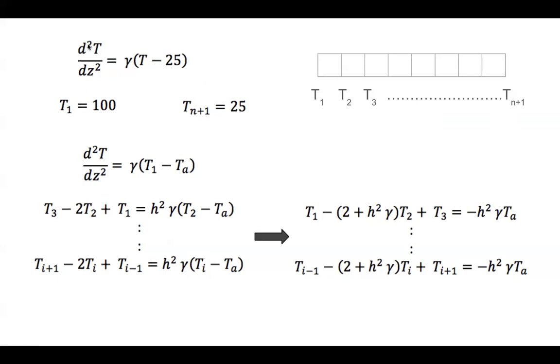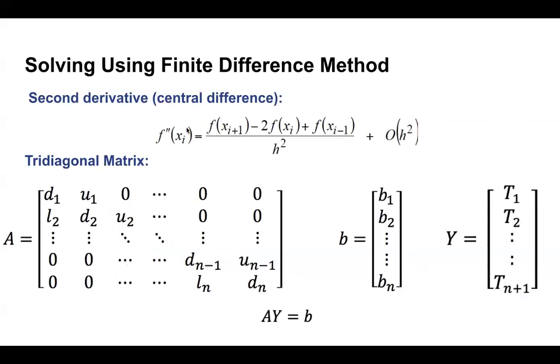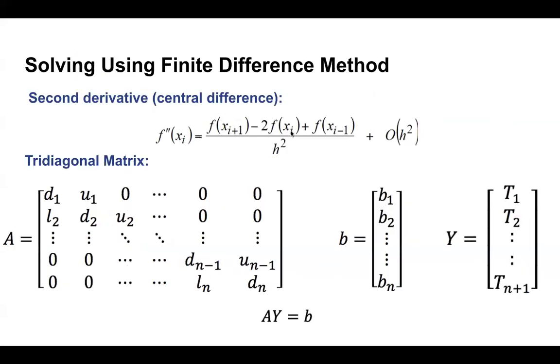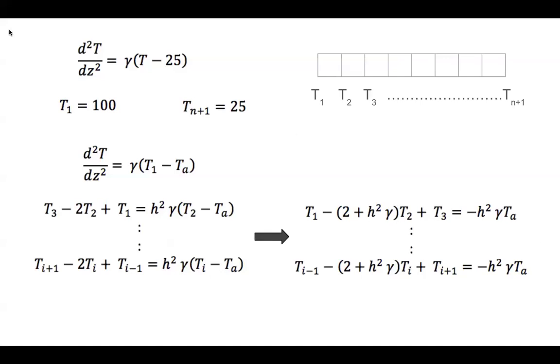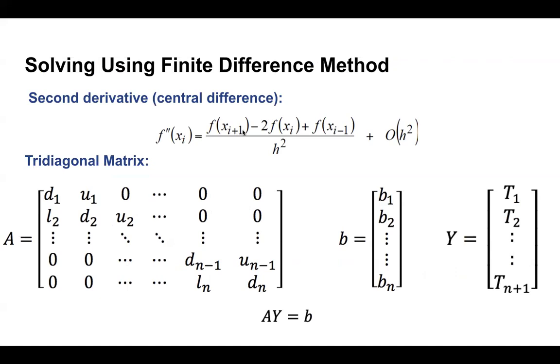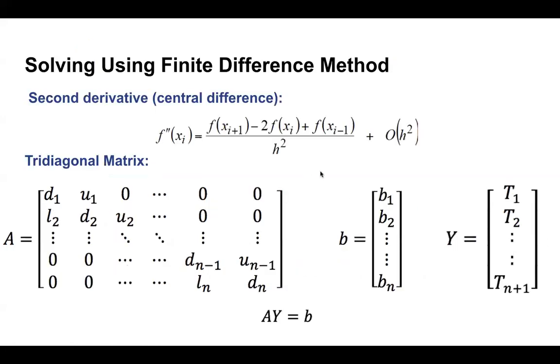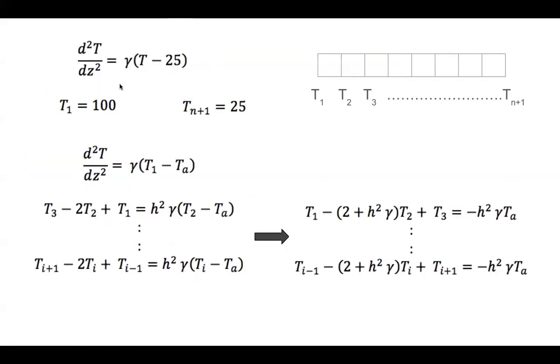So what I do, I simplify this equation at T2. I write this part of the equation using this finite differencing formula. Remember, here i is 2. So I'll write T3 minus 2 times T2 plus T1, divided by h square, is equal to whatever is on the other side of the equation, that is gamma.